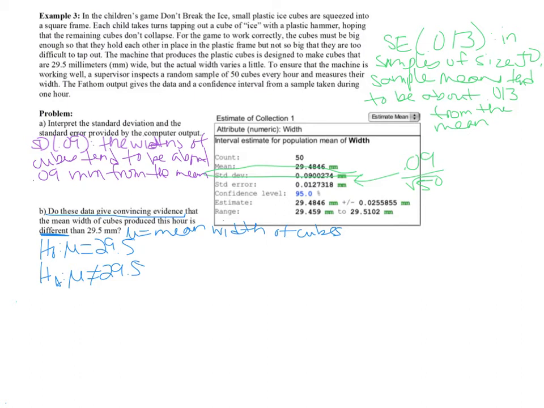So then my conditions are going to be pretty much the same as before. It does tell you, if you look above, that the supervisor does look at a random sample.